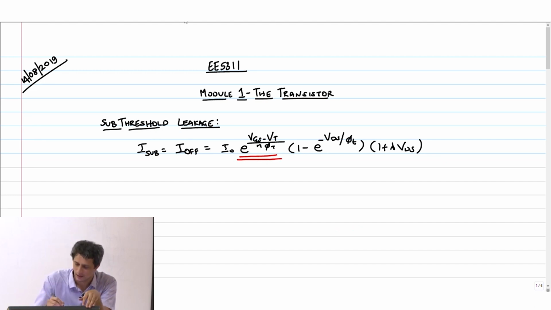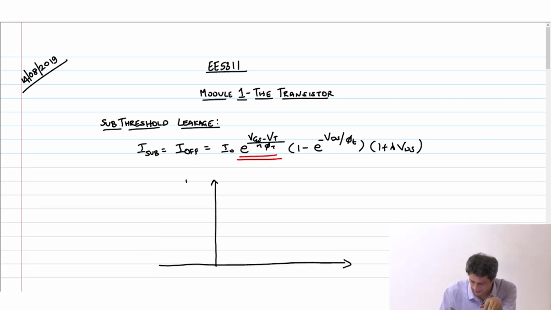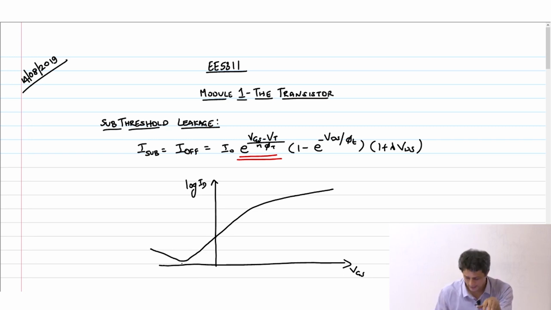As I said, as a designer, if you look at the plot of log ID versus VGS, it will look something like this. If you keep reducing VGS further, it will keep coming down. At some point it will go up, and this is because of something called GIDL, gate induced drain leakage.